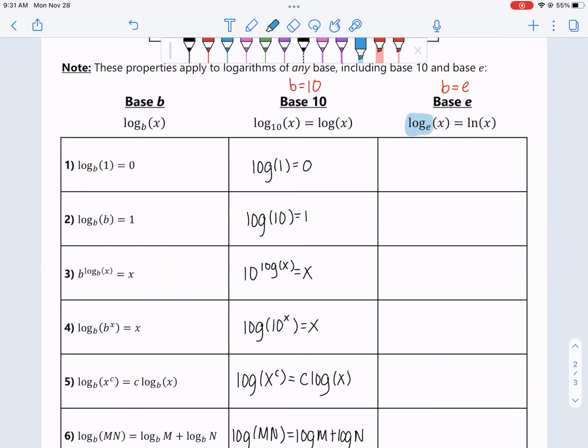This thing here is the same as this thing here. So wherever you would have a log base e, you should have an ln instead. So instead of log base e, this would be ln of 1 is equal to 0. Log base e of e is 1. This is ln of e is 1.